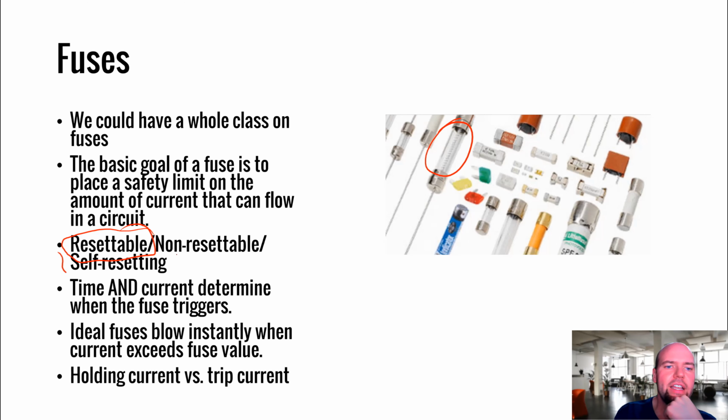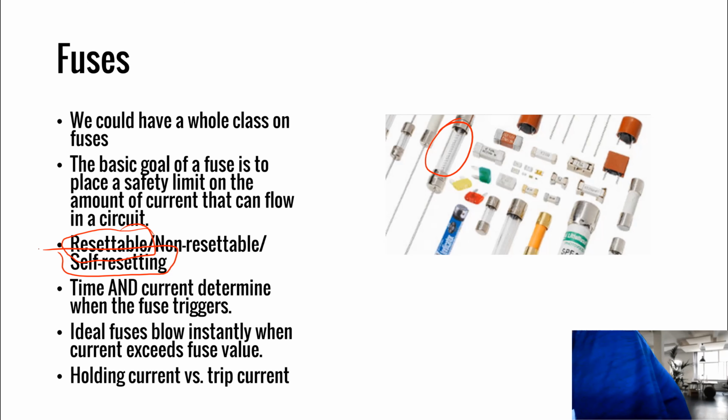And there are self-resetting fuses. Some fuses are designed so that the fuse will blow, the fuse will open, it'll become an open circuit, and then if you resolve the issue that is causing the excess current flow, over time, the fuse will reset itself. Sometimes that means the fuse is intelligent and it periodically measures the current, and then it says, it's resolved, it's fixed, let's go back to conducting.